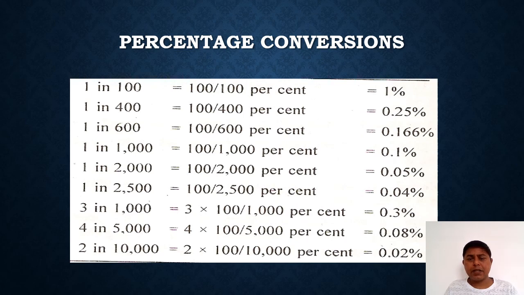There are some percentage conversions given because in most of the problems the percentage is asked in the form of 1 in 100, 1 in 400, 1 in 1000, 1 in 2000 and so on. Therefore, to convert into actual percentage, see the table. 1 in 100 is nothing but 100 by 100, that is 1%. 1 in 400 is 100 by 400, which is 0.25%. 1 in 1000 is 100 by 1000, that is 0.1%. 1 in 2000 is 100 by 2000, that is 0.05%.